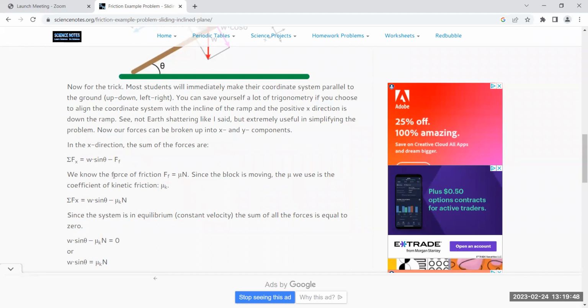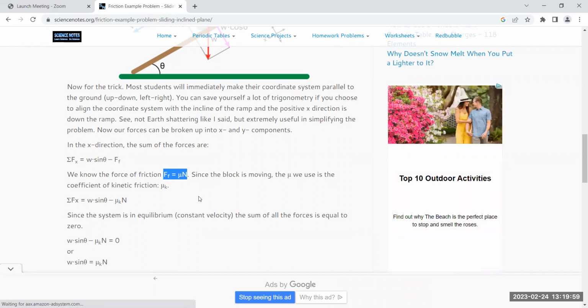Remember, the way we calculate the force due to friction is mu N. So mu is our coefficient of friction, that's what we're trying to find, and N is our normal force.